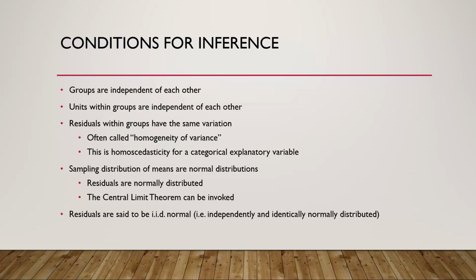If you're, for instance, implementing an educational intervention and you want one group to be a control group that doesn't have that intervention, you would want to make sure that individuals who are receiving the intervention are not taking that material and providing it for those who are not in the intervention. So groups need to be independent of each other.